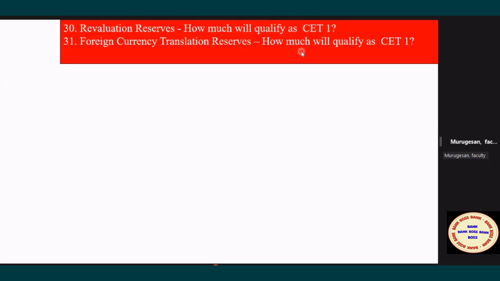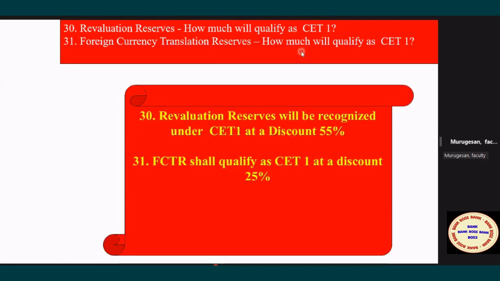Then RBI said yes, it will qualify as CET1, but subject to a discount. Discount means don't take the entire face value. For calculating CET1, only 45% will be recognized. That means a discount of 55%. You understand? Minus 55%. Then it will qualify as CET1.